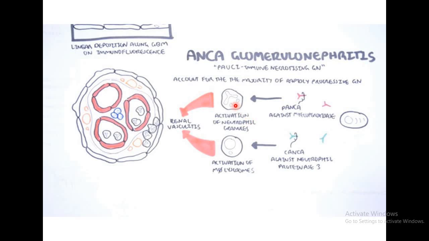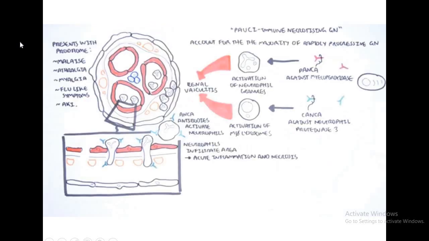This will cause activation of the neutrophils, recruitment of the neutrophils, and that will cause necrosis. And further, the C-ANCA will act against the proteinase 3 in the neutrophil, and this will indirectly activate the lysosome function in the monocytes and macrophages, and that will lead to vasculitis.